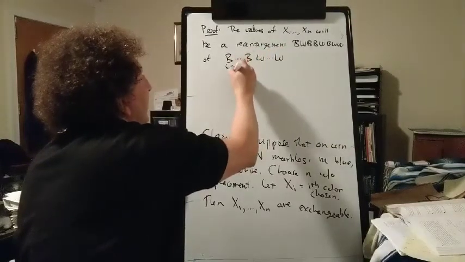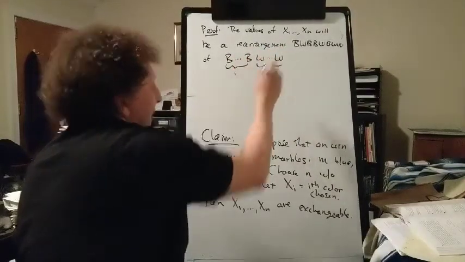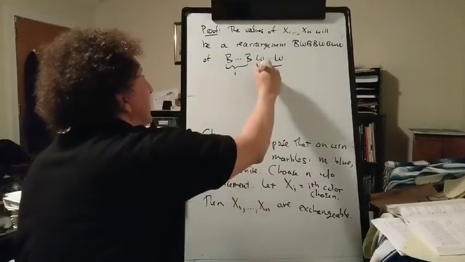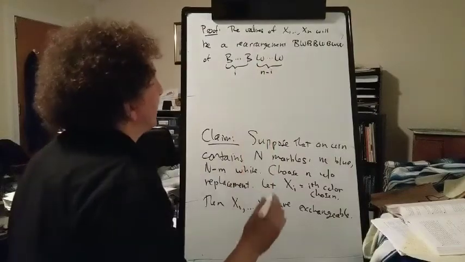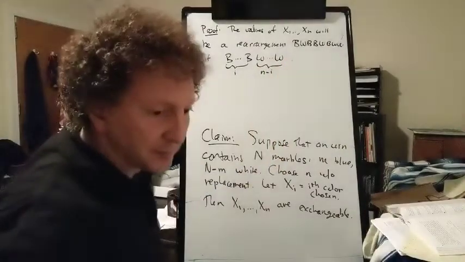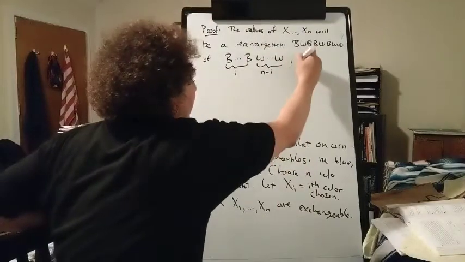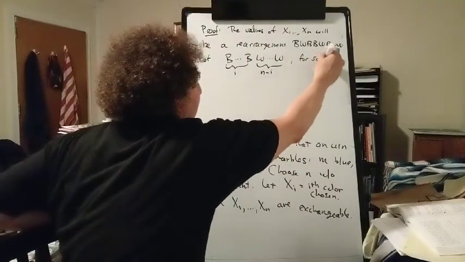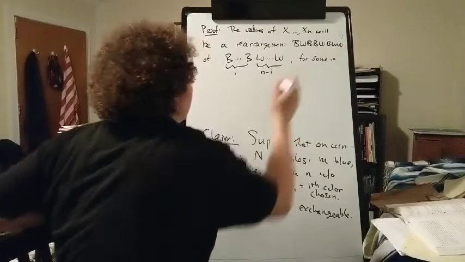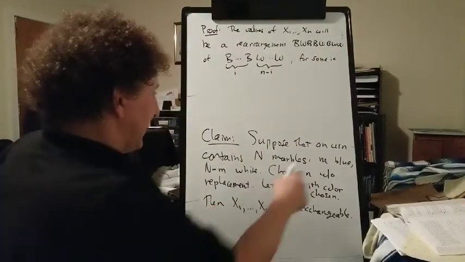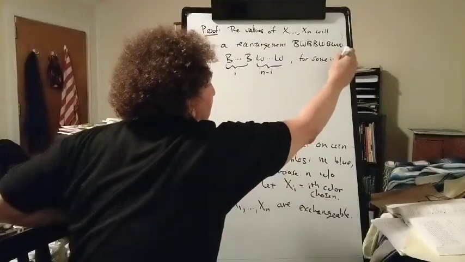Let's say we have i blues, and we picked little n total, so there will be little n minus i whites. So i is going to be a number that's less than m, the number of blues we have.